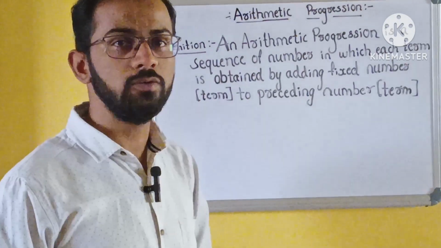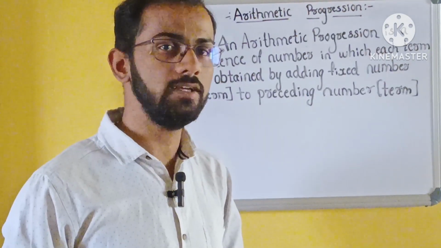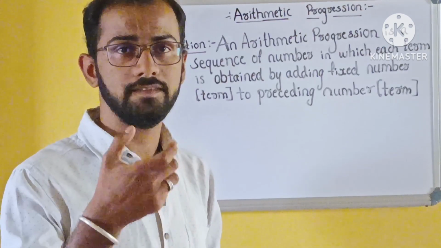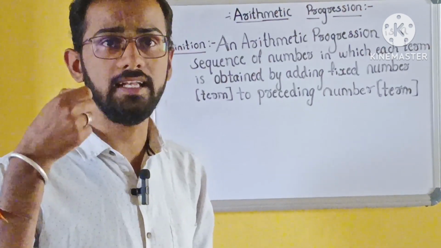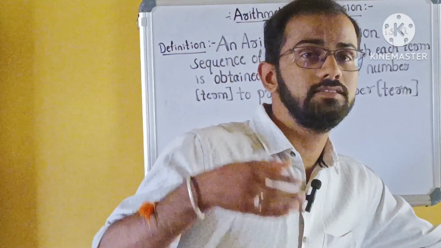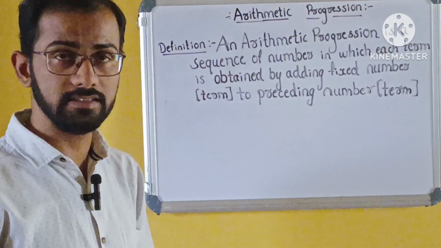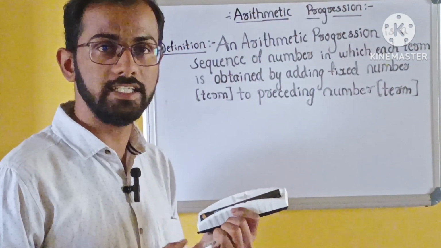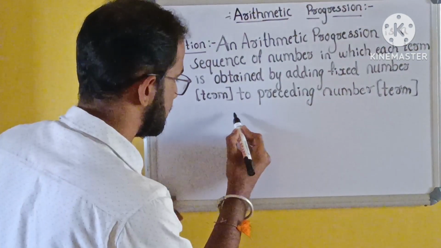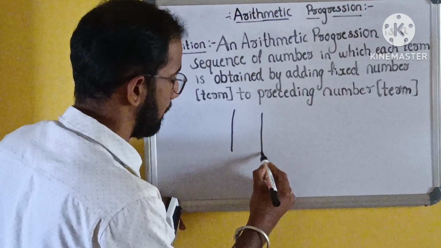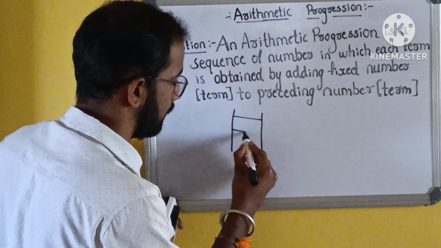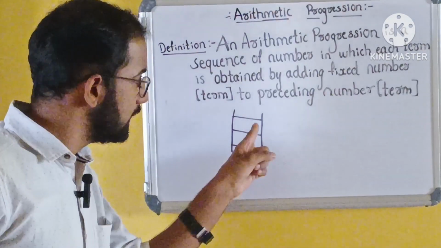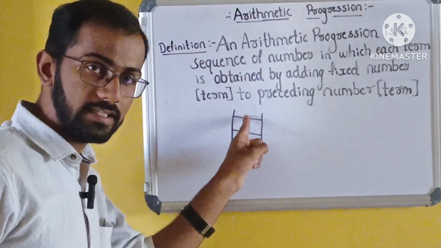In our day-to-day life, we have seen many objects and many things. For example, we have seen a ladder. A ladder has some rungs, and those rungs are arranged in some pattern like this. If this is a ladder, these are the rungs.